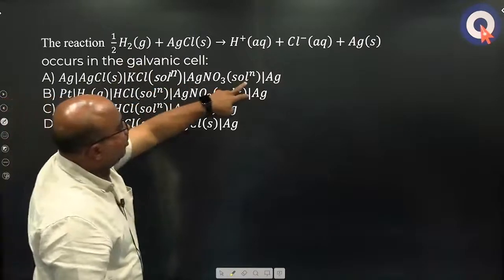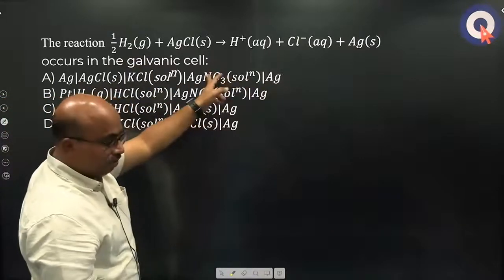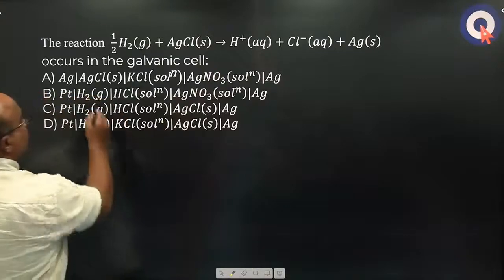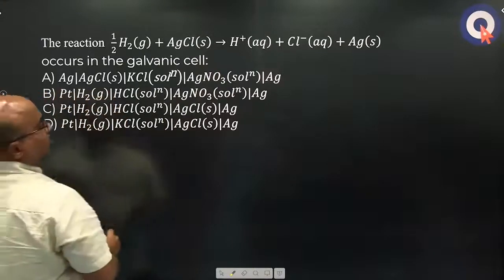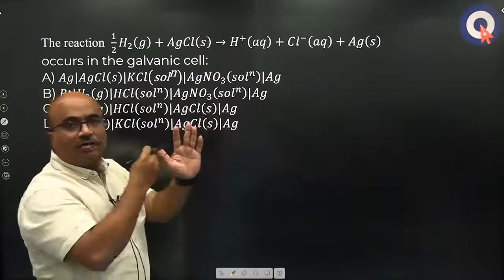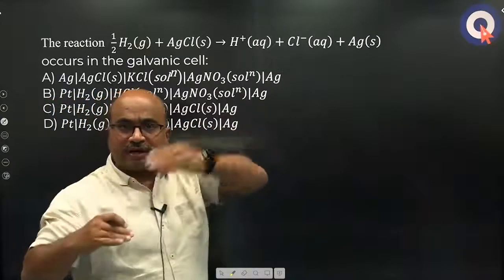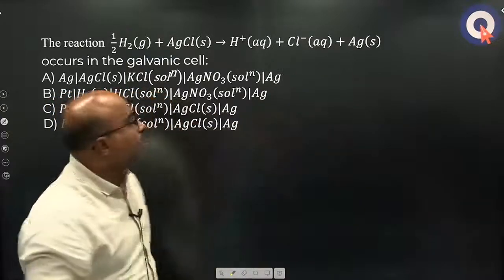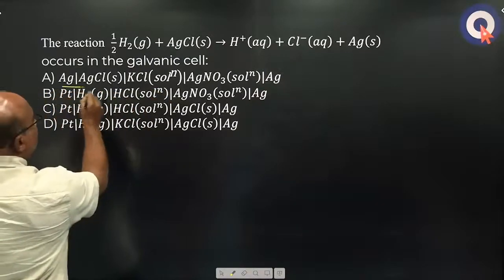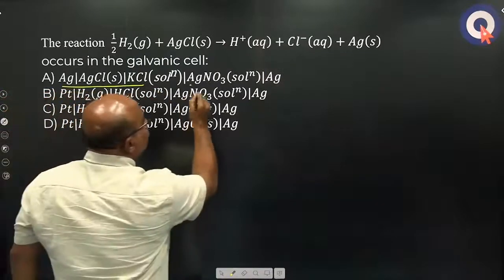Then we have a silver rod in silver nitrate solution. So what is the cell reaction in this? Whenever a galvanic cell representation is given, the first part is the anode and the second part is the cathode.